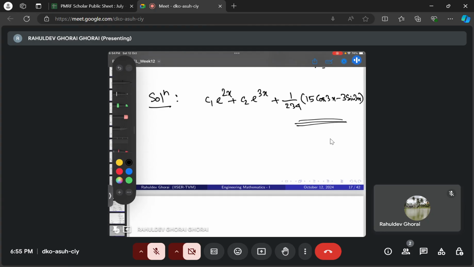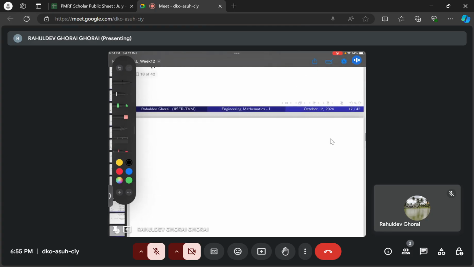Okay, so if you have the right hand side as x to the power m, the particular integral will be 1 over f of D times x to the m. So then things become not just a rigorous rule you can write here.